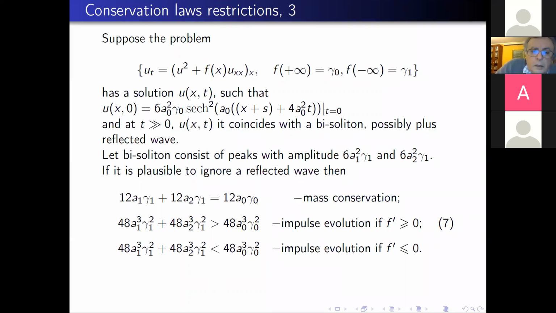Now look at the case when the initial soliton taken at the right moves through the region of non-constant dispersion and dissipation, and comes to the constant dissipation to the left as a pair of solitons or bisoliton. As well as in the first case, there may be, and there usually are, reflected waves.